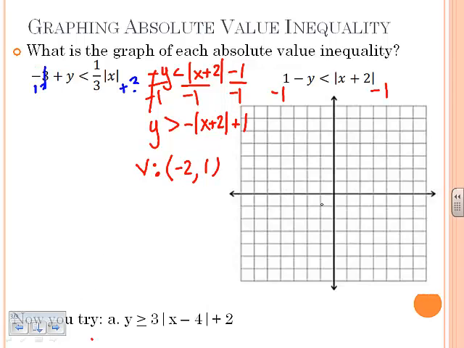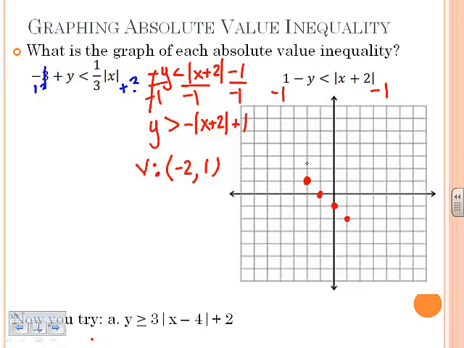So vertex is going to be to the left 2 and up 1. This time our slope is negative, which means we're going to reflect in the x-axis or go down. So instead of going up and over, we're going to go down and over. Down and over. Since there's no number, we're just doing 1 over 1.